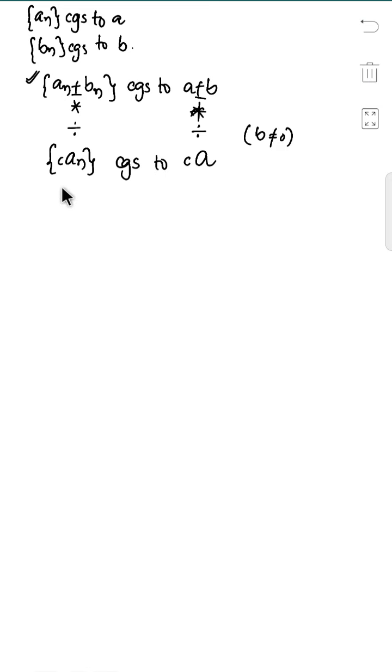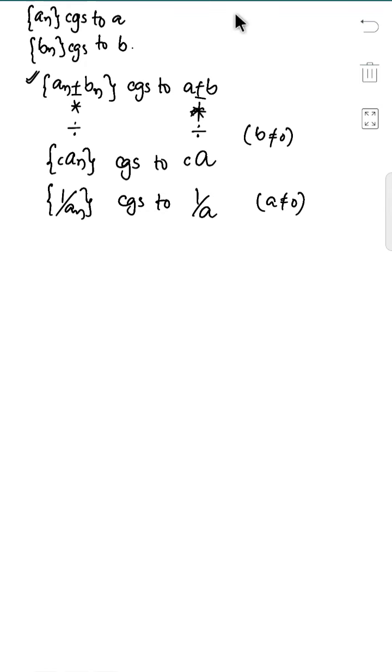And 1 by a_n converges to 1 by a, where a is not equal to 0. If a is equal to 0, then this sequence diverges, does not converge.